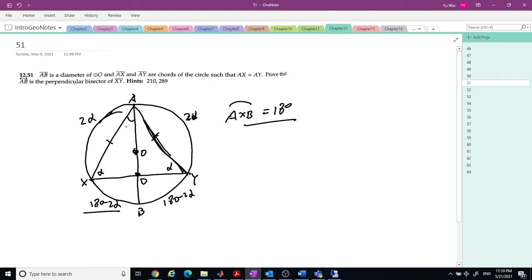Now you know this one is 90 minus alpha. Since this one is 90 minus alpha, you know this is 90 degrees, right? Since XAY is an isosceles triangle, this is also a bisector, right? So that's why it's the perpendicular bisector.